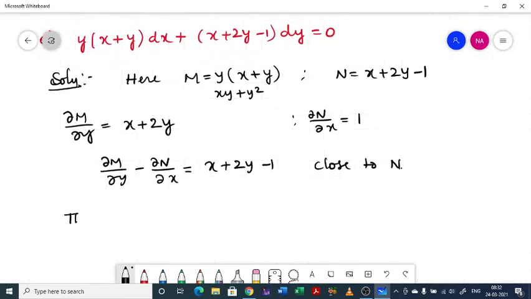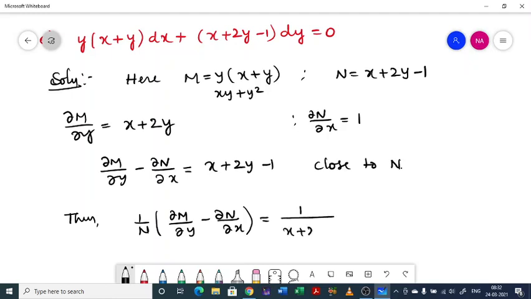Thus 1 by n into the difference, dou m by dou y minus dou n by dou x. We are getting both the same. Okay, let us write it and cancel, no problem.